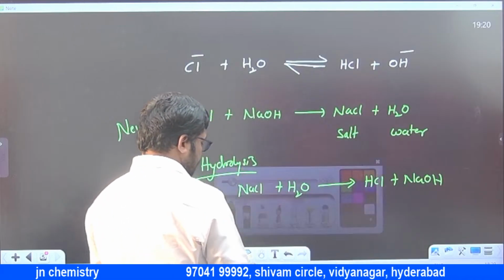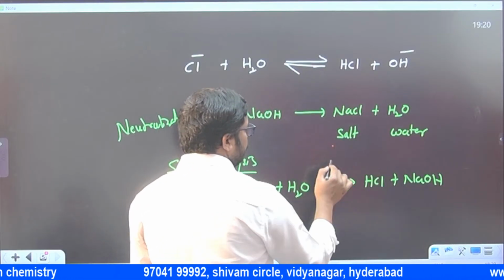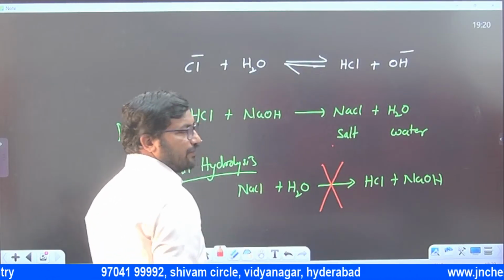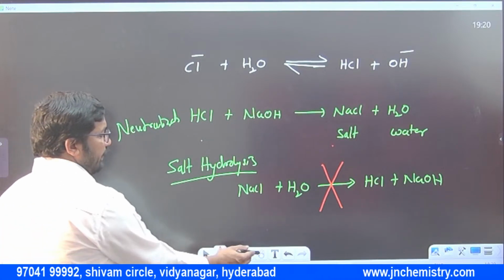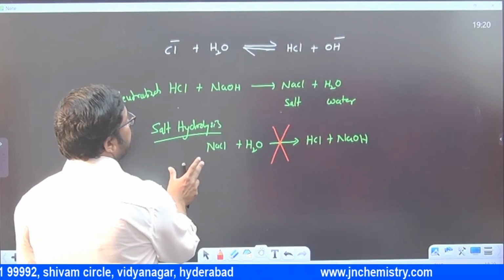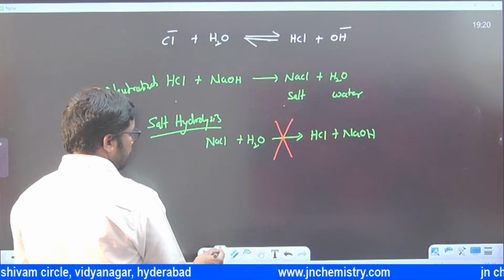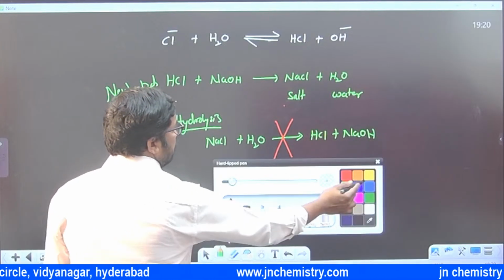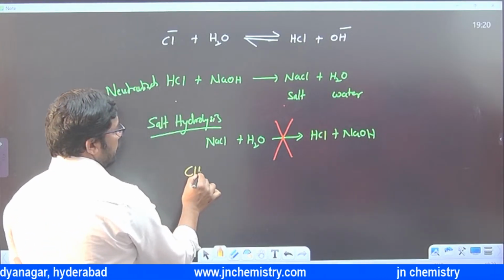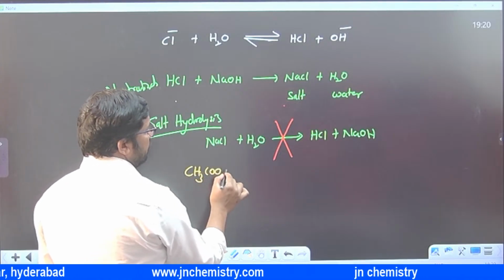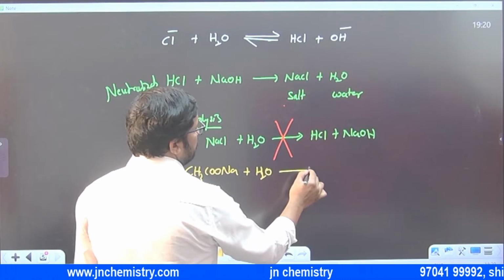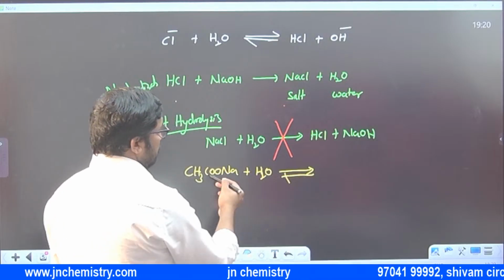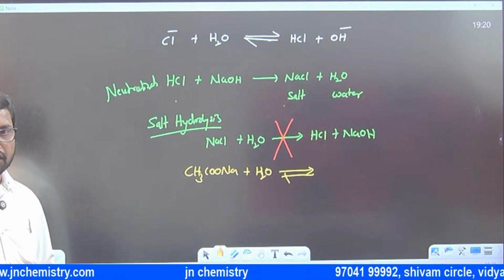But this reaction won't take place. But the remaining salts undergo hydrolysis. Which salts? For example, I told you CH3COONa plus H2O. This is a salt of weak acid and strong base.